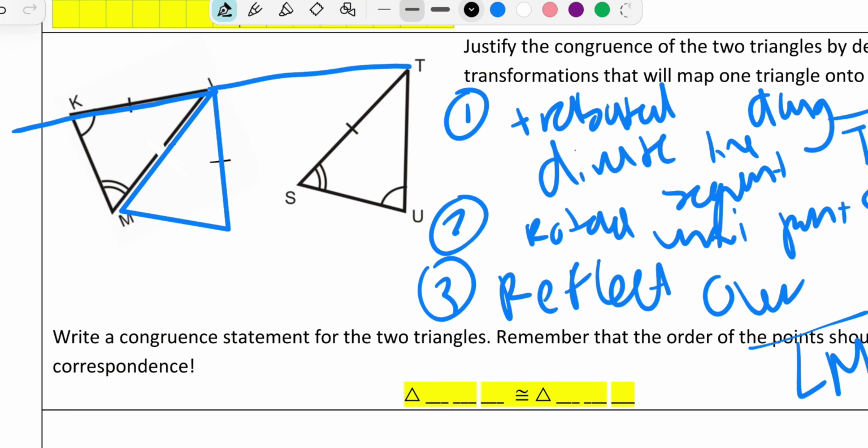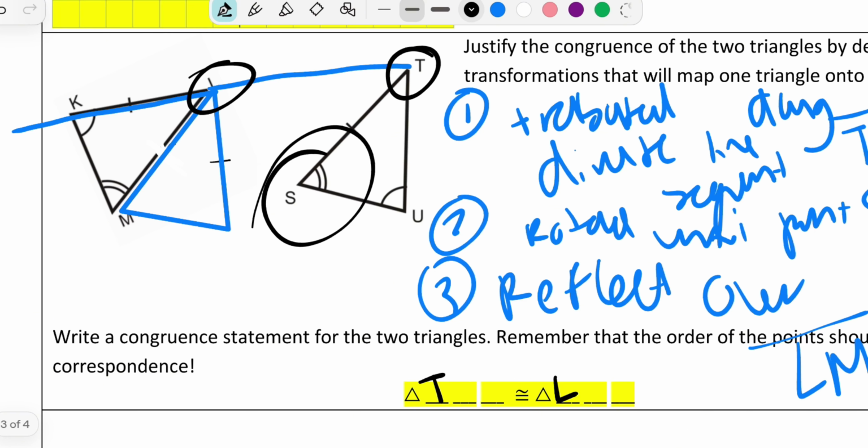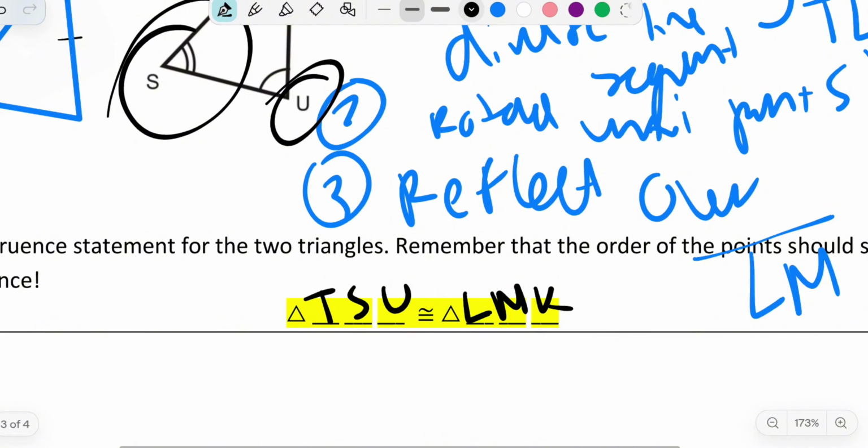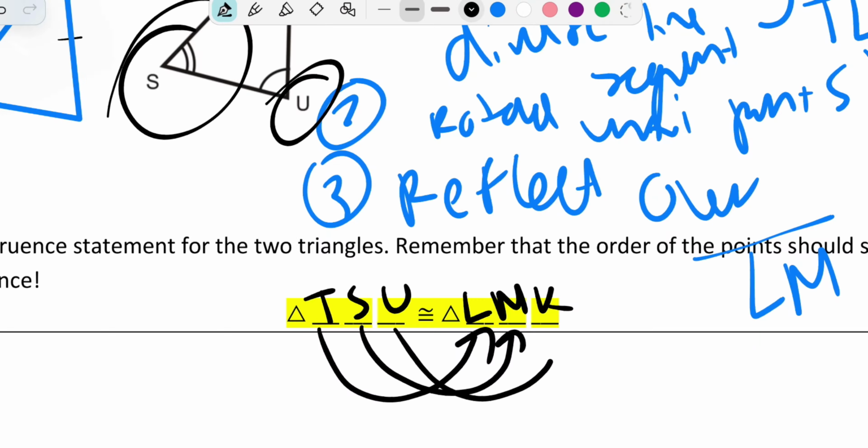So if we know that point T and L correspond with one another, we can write T and L as the first ones, and then the next one that corresponds is S and M, so S, M, and lastly we can write U and K. So TSU or UST or KML or LMK, as long as the order of the angles corresponds with each other.